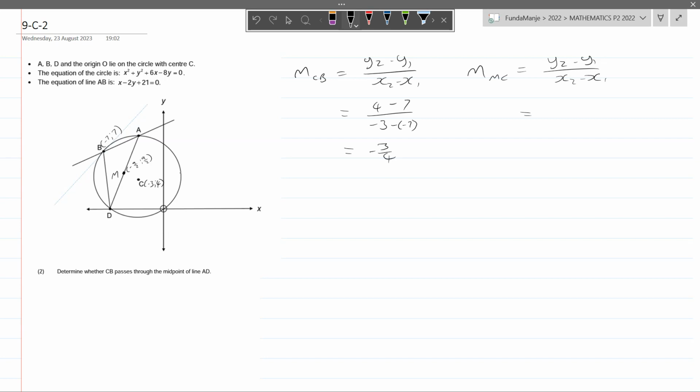Then y2 can be C again, 4 minus 9 over 2 all over minus 3 minus negative 9 over 2. That will give us minus 1 over 3. And we can see that the gradient for CB is not equal to the gradient for MC.